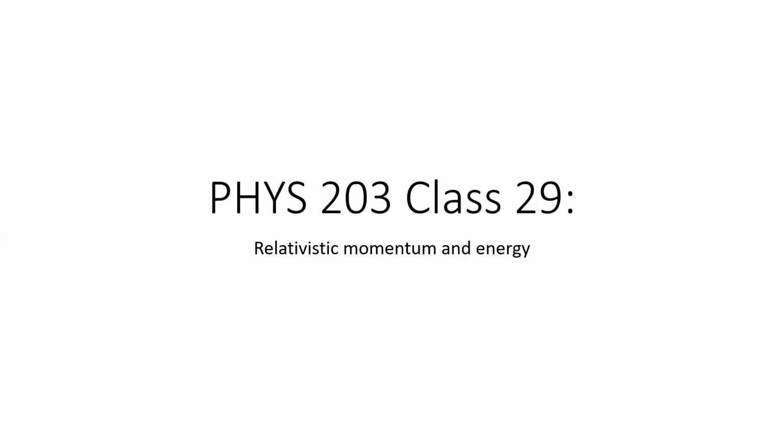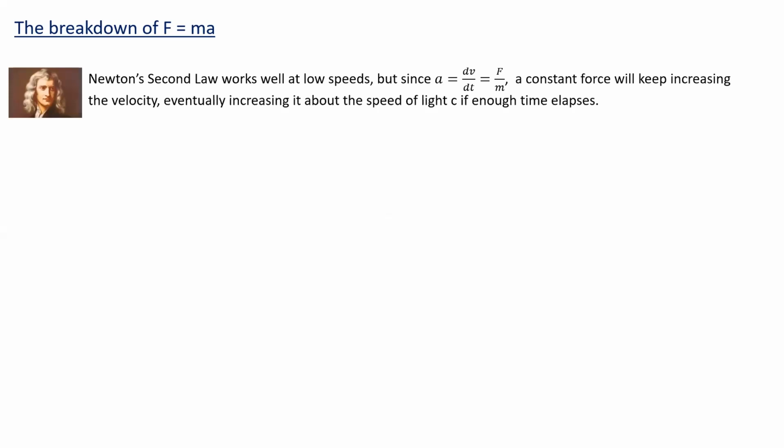So first, let's look at what one of the problems is. We know that in classical physics, one of our favorite tools is F equals ma, force equals mass times acceleration. That was Newton's second law and the heart of his system of motion. But Newton's second law works well at low speeds that we're used to.